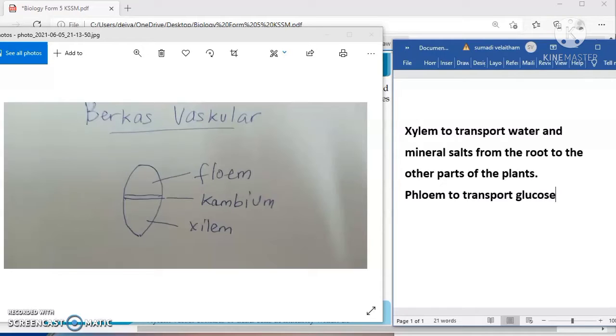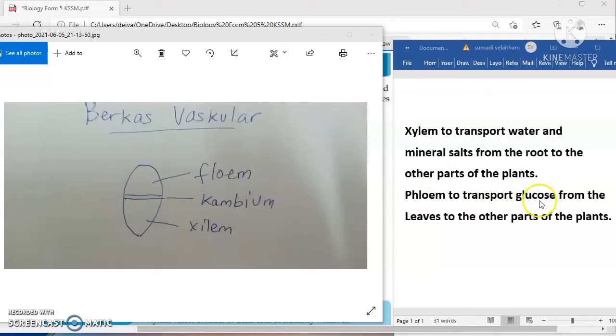You can write organic material, you can write food, but in the scheme, normally, sometimes they don't accept. Okay, this is the function of the phloem: transport glucose from the leaves to the other parts of the plants. Okay, you can jot it down.